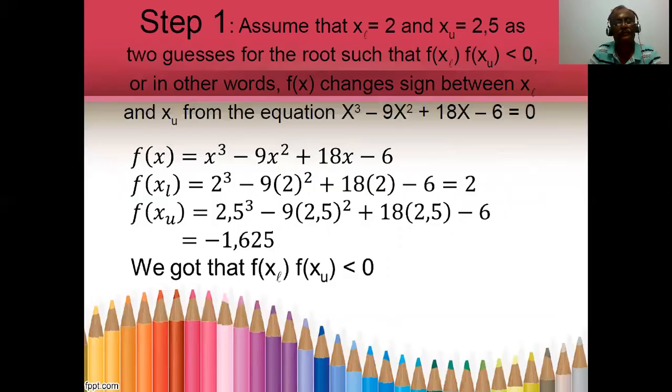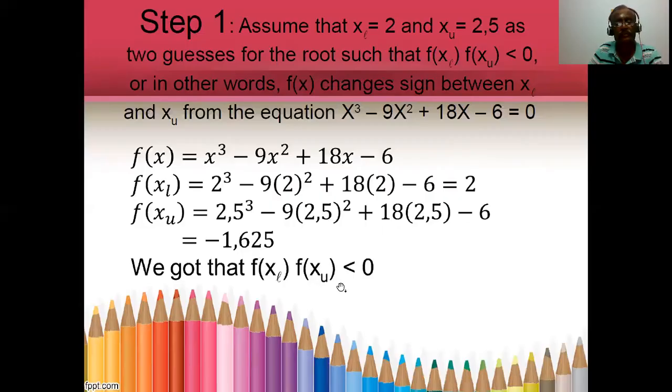Now step 1, we first assume that the root is between 2 and 2.5 because f of 2 into f of 2.5 is negative. That is, there is a sign change between 2 and 2.5. f of 2 is 2, f of 2.5 is minus 1.625.